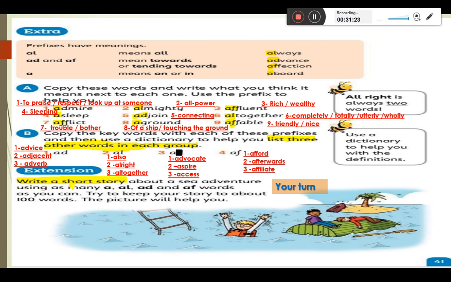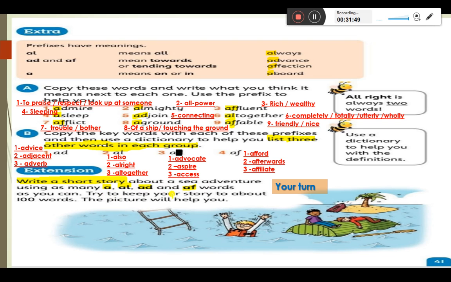So write a short story about a sea adventure, as you can see, using as many a or al or ad or af words as you can. The prefix a, all, add, af words as you can. So use as many words with these prefixes as you can.